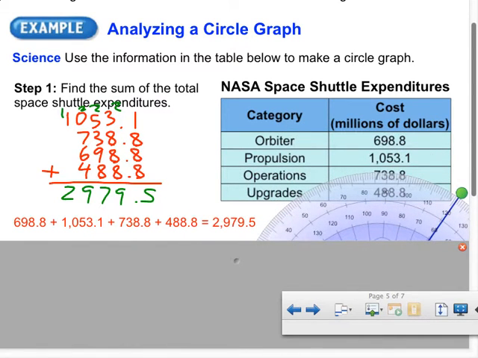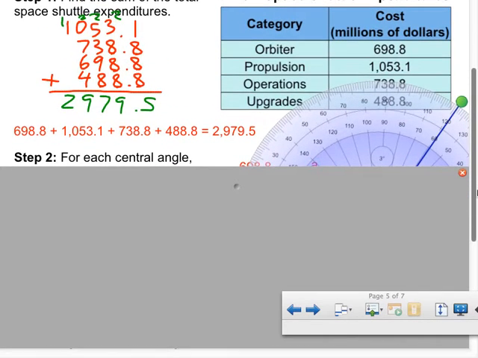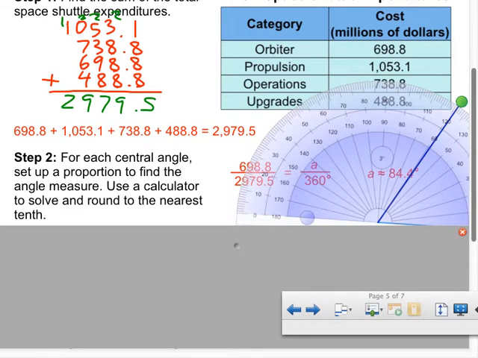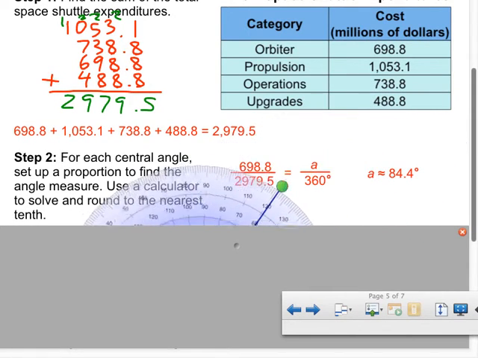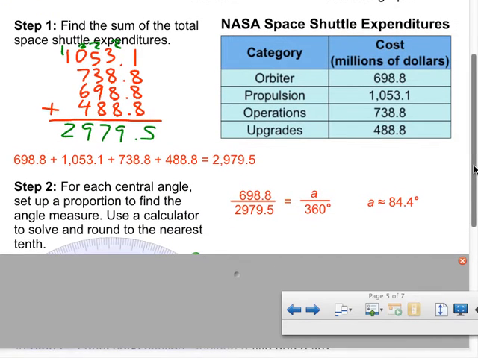Okay. Now that's important because we need to calculate the central angle. So that's the sum of all of the data we have. And do you guys remember at the beginning I said, hey, look, there's a couple ways you can do those warm-up exercises. You can set up a proportion, or you can do it another way. For here, I feel like the easiest way is to set up a proportion, but you might know another way.